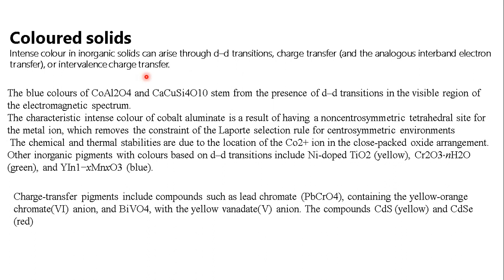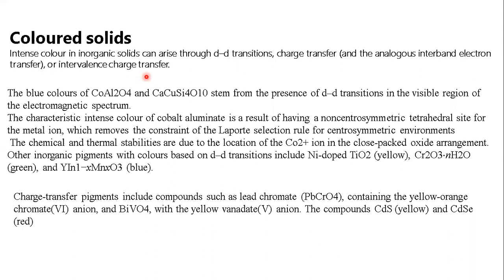Transition metal complexes have their d orbitals split because of different ligand approach. So the 5 d orbitals split into t2g and eg levels, and d-d transition means electron transition from the t2g level to the eg level.